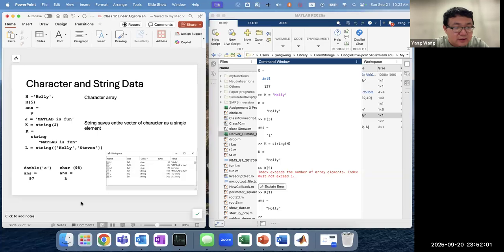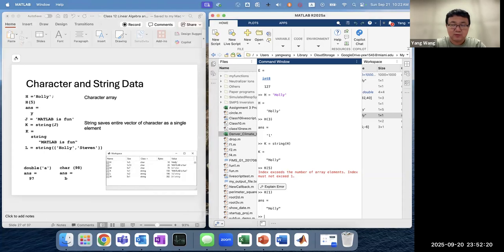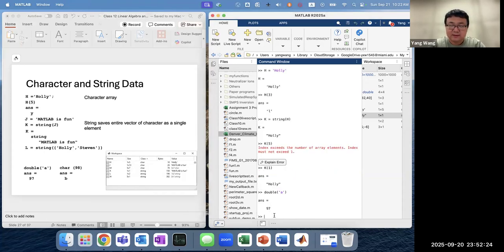And then the other thing is that all of these letters are actually saved as numbers, because eventually computers are dealing with binary numbers, 0 or 1, right? So basically, you can convert these letters or these characters into numbers. An example is you can convert the character A. You can see that this is 97, right?